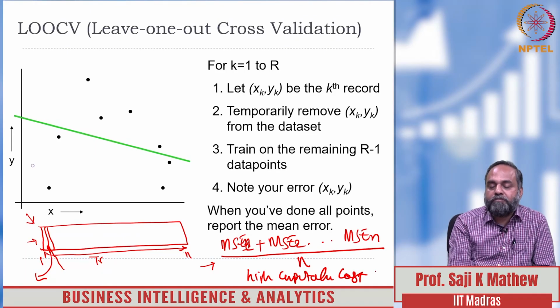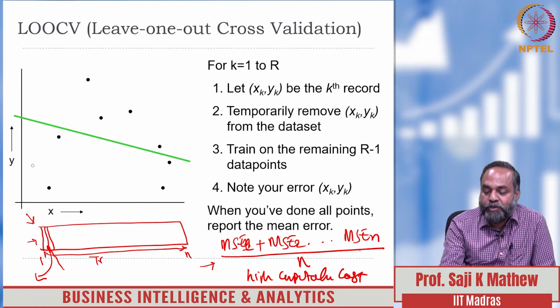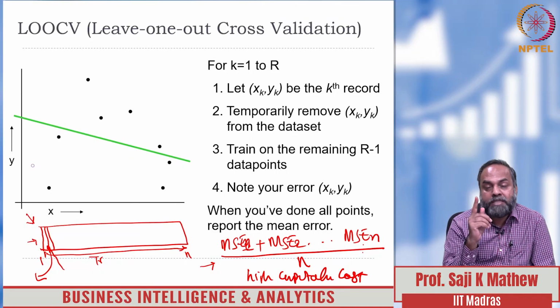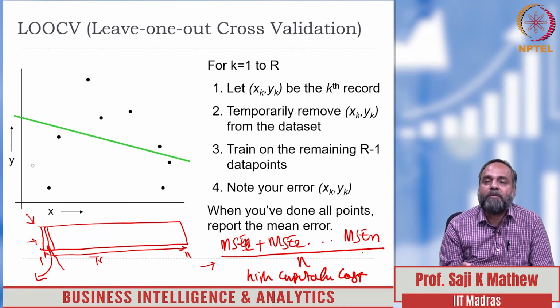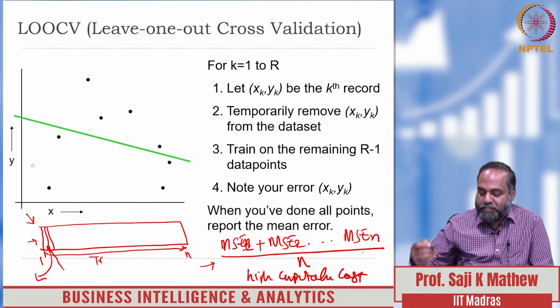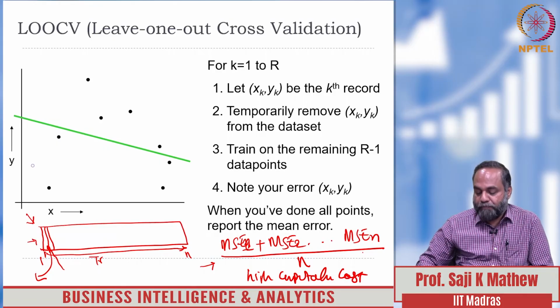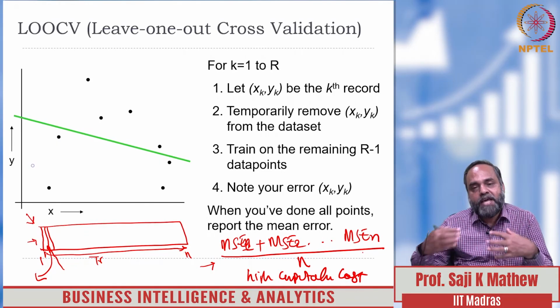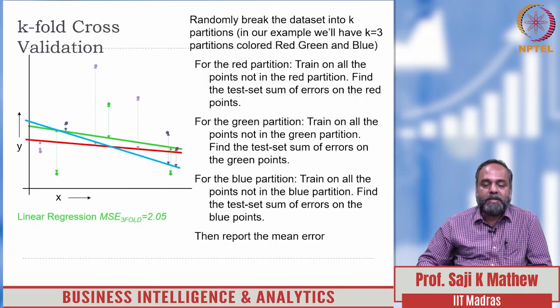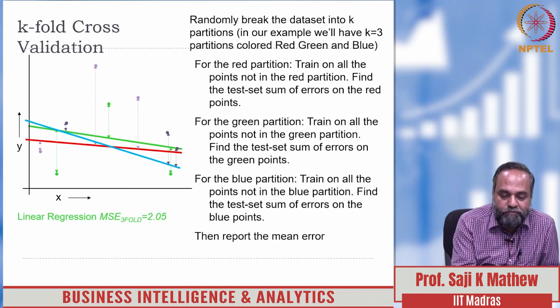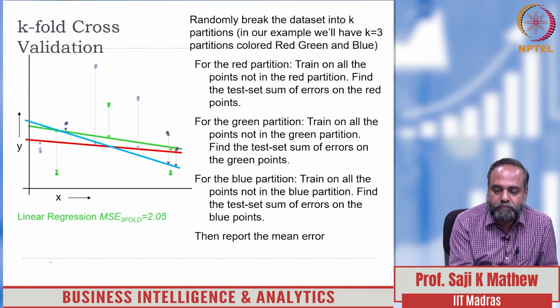You need to build n models, and suppose your data runs into millions. The cost of computation is very high, but the prediction error reported is more reliable. Since there is a trade-off, you always try to find a midpoint, and that is known as k-fold cross validation.